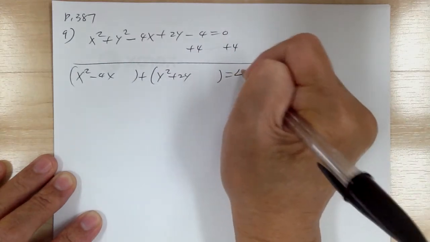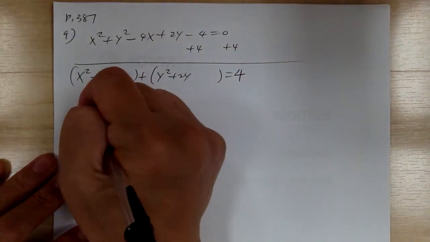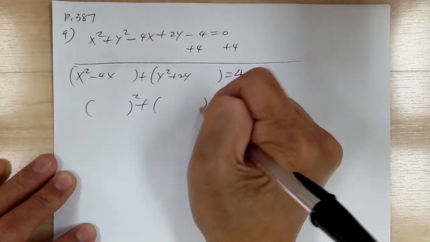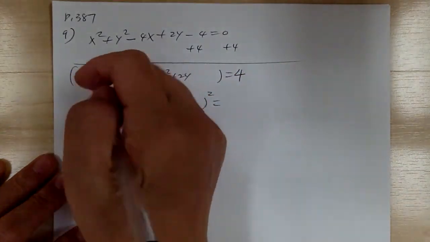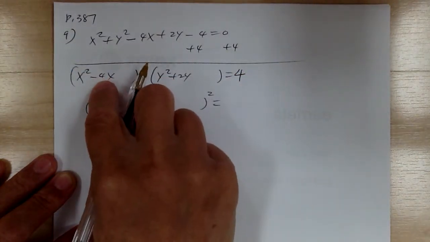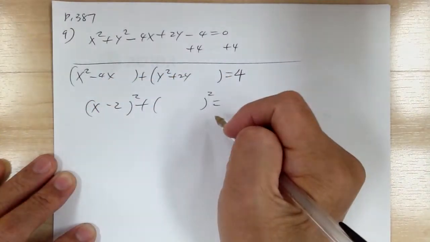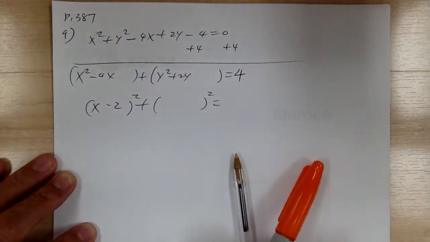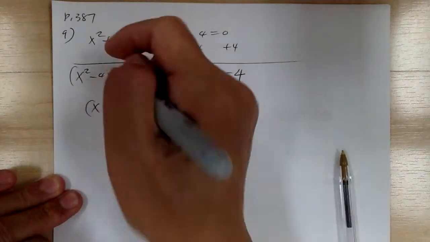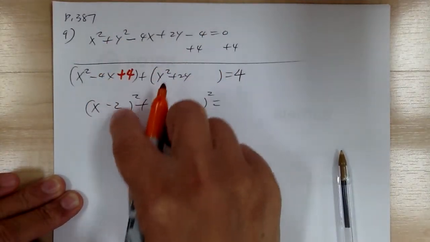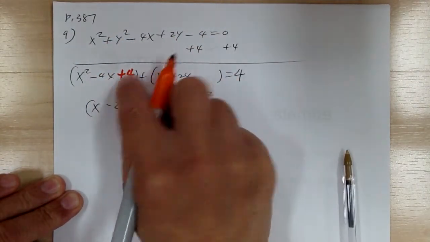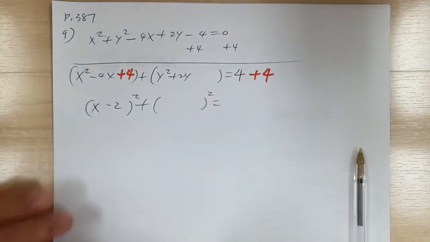After that, get your template ready. Half of that will be −2, so you need a plus 4 to get a perfect square. So you add 4 on this side, you need to add 4 on this side.